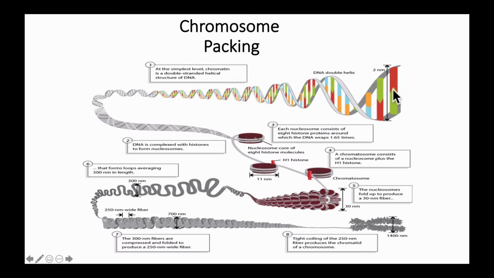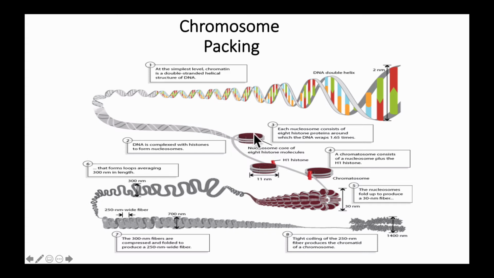Again, we start off with our genetic information, our DNA, and what ends up happening is that DNA starts to wind up into loops around these structures, which we're going to be looking at. When DNA wraps around them, we get a different term. We now start to call it a nucleosome. A nucleosome is essentially DNA wrapped around this bead.